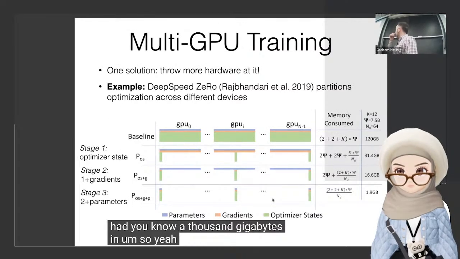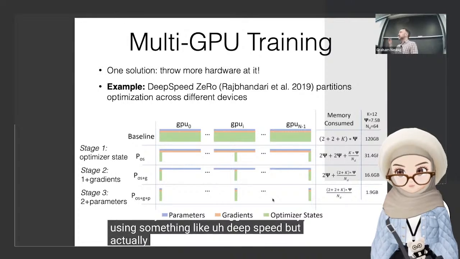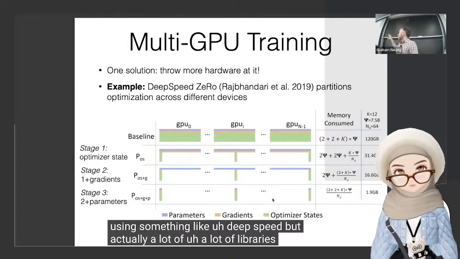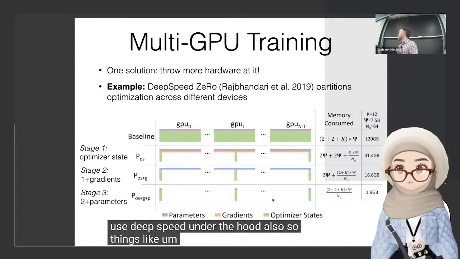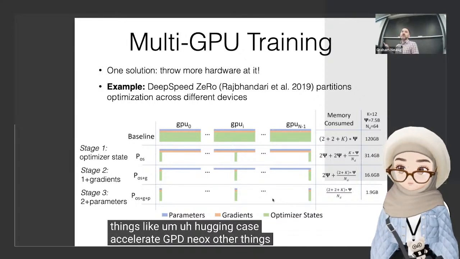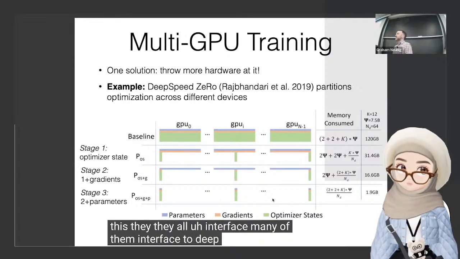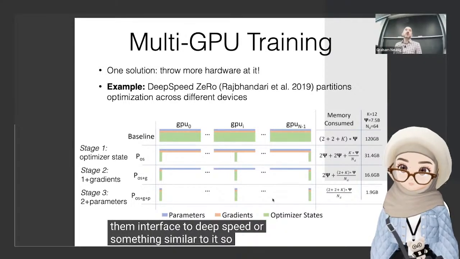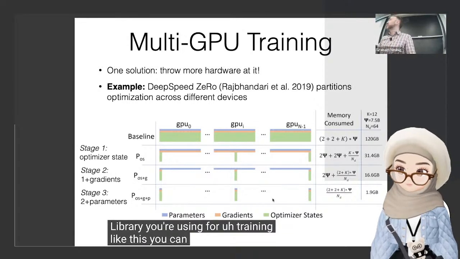So I would suggest definitely using something like DeepSpeed, but actually a lot of libraries use DeepSpeed under the hood also. Things like HuggingFace Accelerate, GPT-NeoX, and other things like this, many of them interface to DeepSpeed or something similar to it. So whatever library you're using for training like this, you can do it.